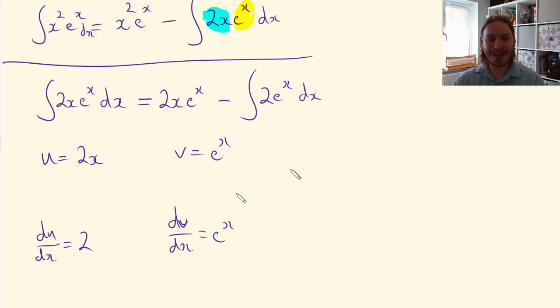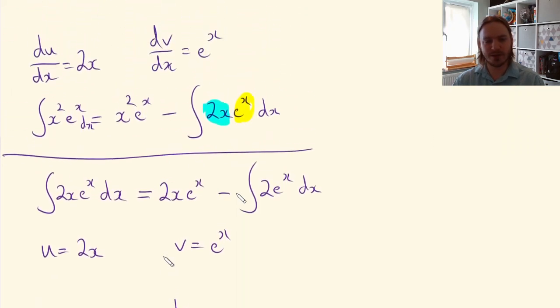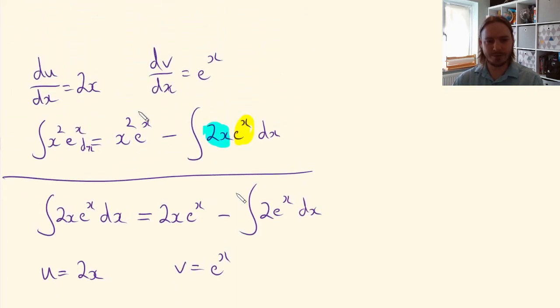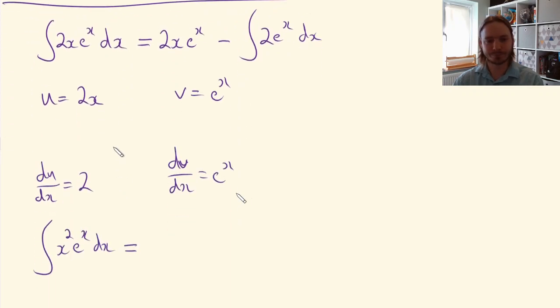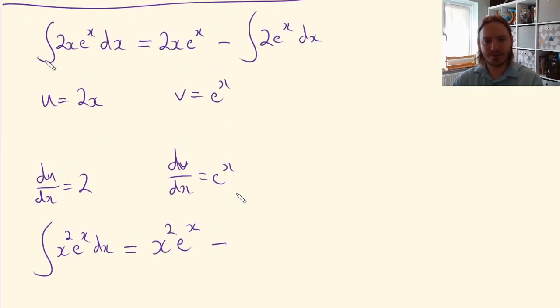So what we have after all of that effort is that the integral of x squared e to the x is equal to x squared e to the x minus this new integral, to which we've applied parts again.